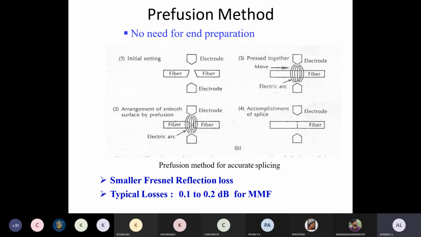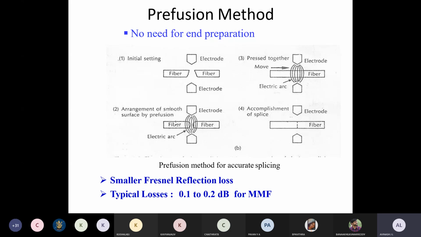Third, the fibers are pressed together; in the second diagram there is a gap, and in the third diagram they are joined. The fourth diagram shows the accomplishment of the splice. So what does accomplishment of splice mean?